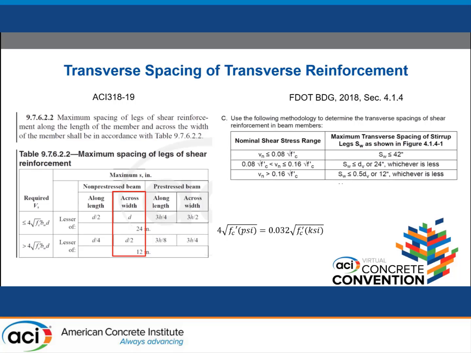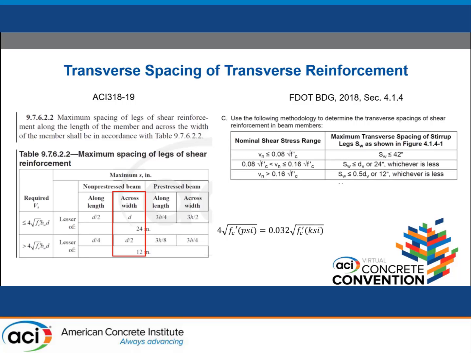That means there is a limit on the maximum spacing you can use between two adjacent legs of the transverse reinforcement. But AASHTO does not provide a similar equation.